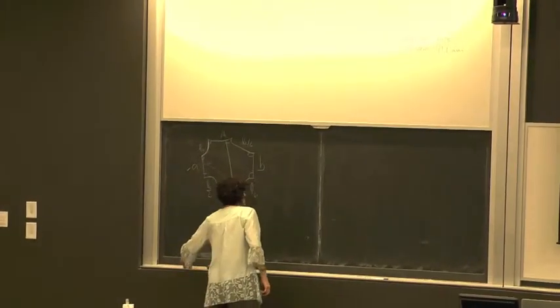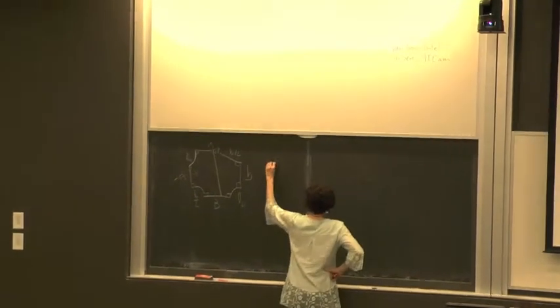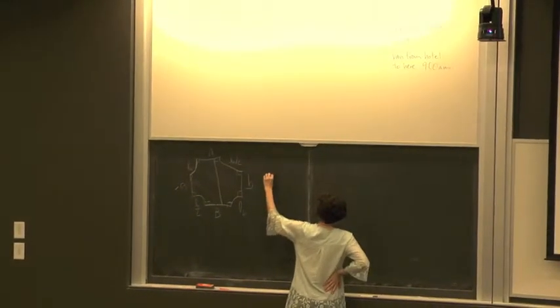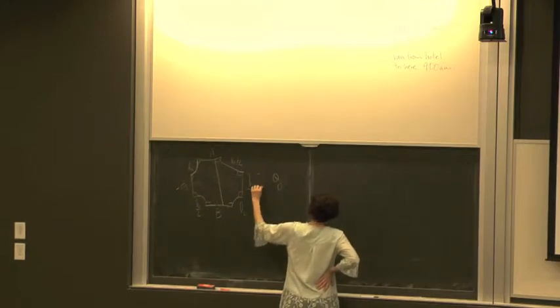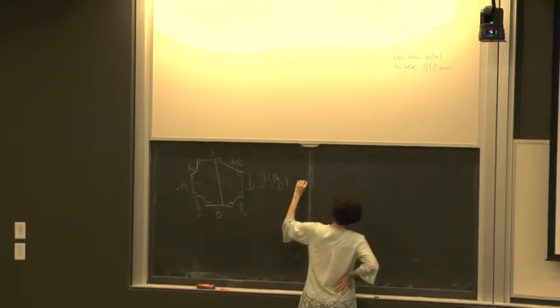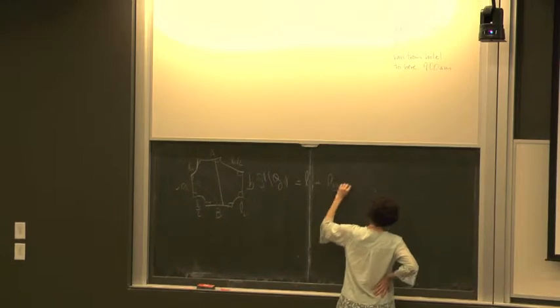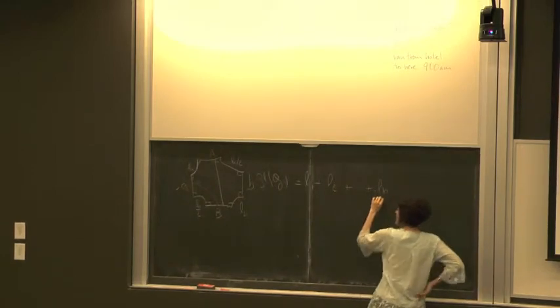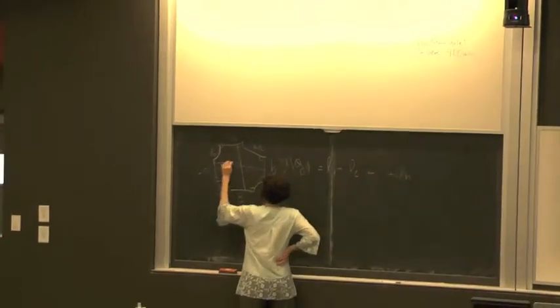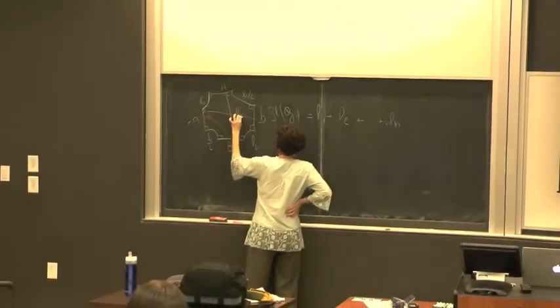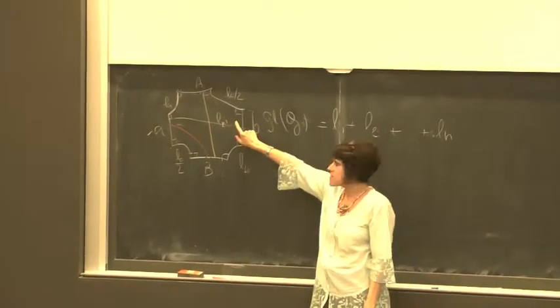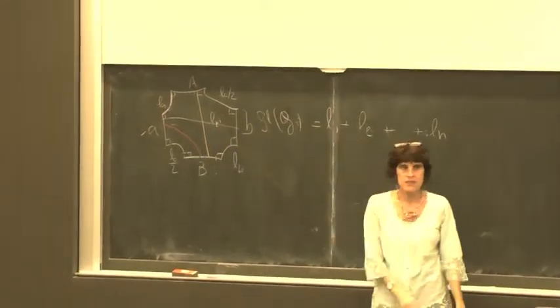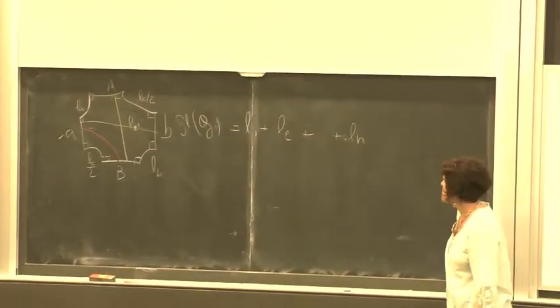So we're going to have that as a constant. If I have a certain geodesic G, the geometric length is going to be L1 plus L2 plus Ln, where Li is the length of each of the arcs making the geodesic in this decomposition.